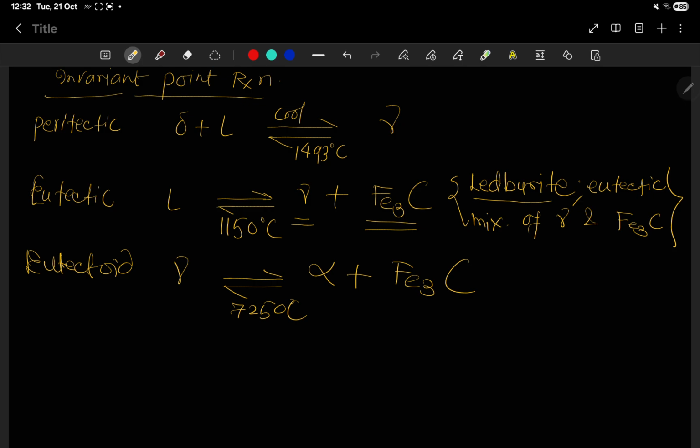Now, in the whole iron carbon diagram, the eutectoid reaction is very important.